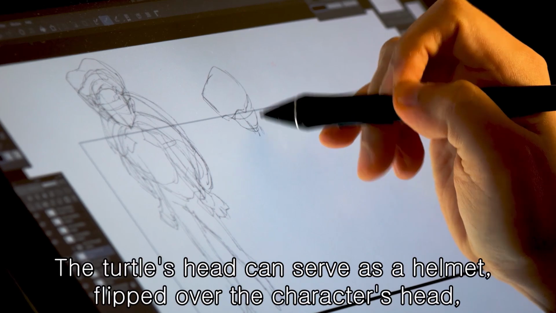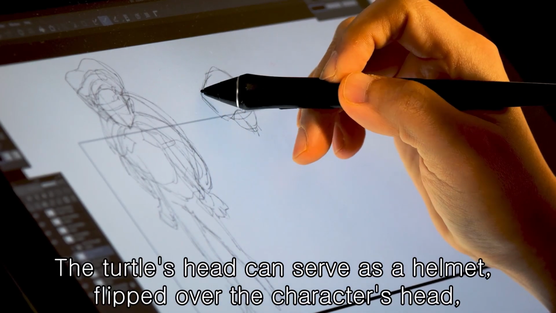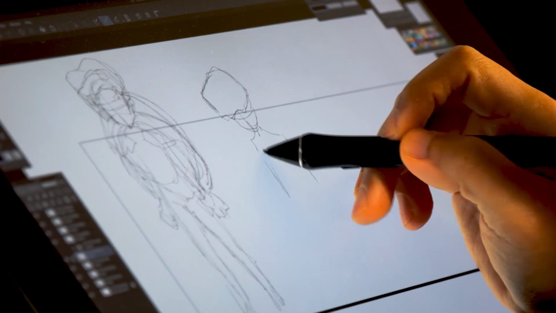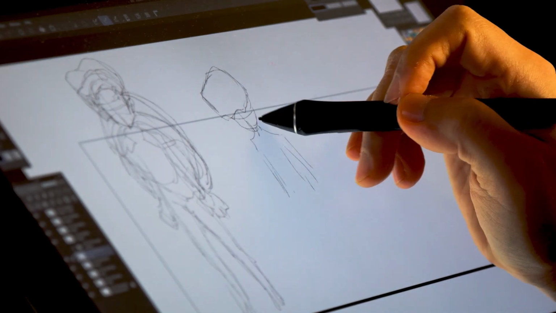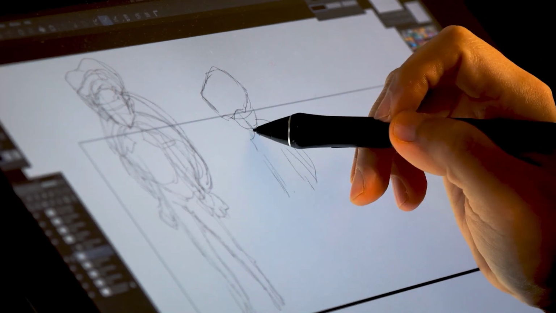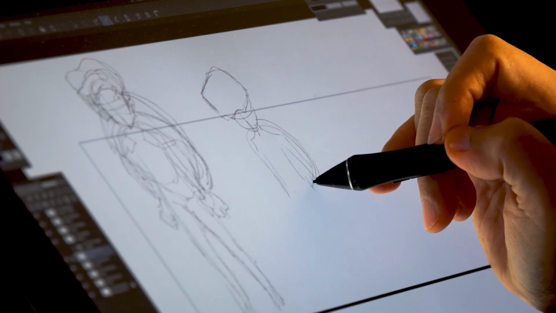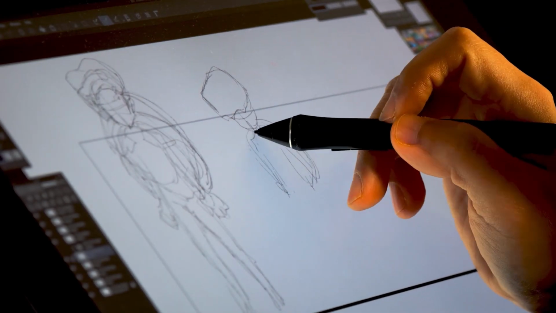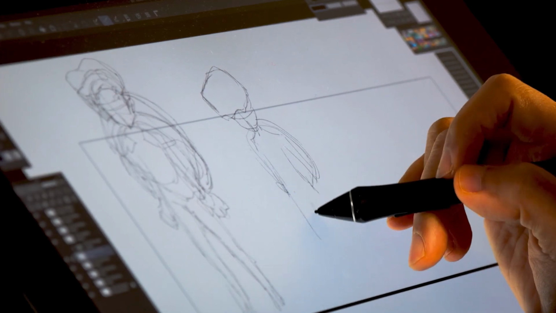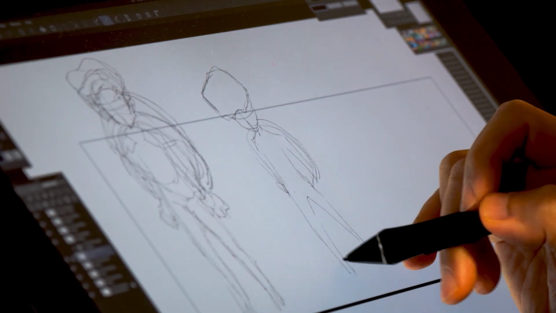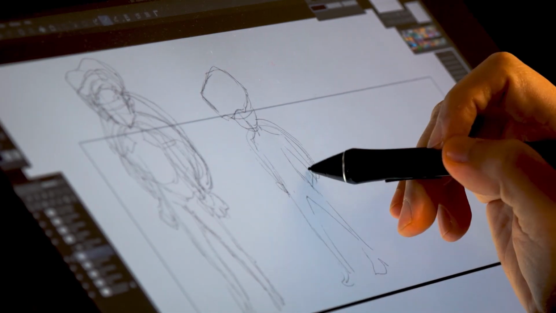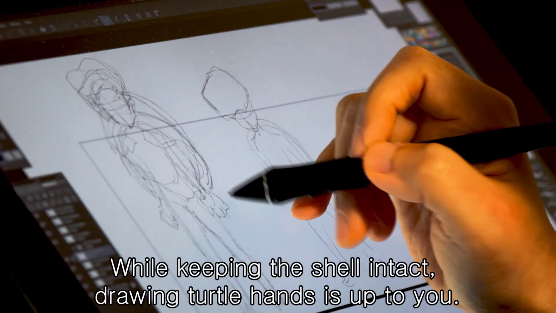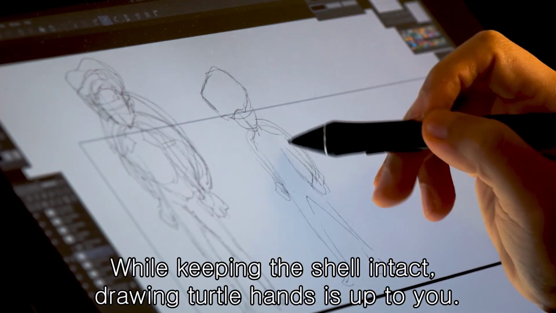For instance, the turtle's head can serve as a helmet flipped over the character's head. While keeping the shell intact, drawing turtle hands is up to you.